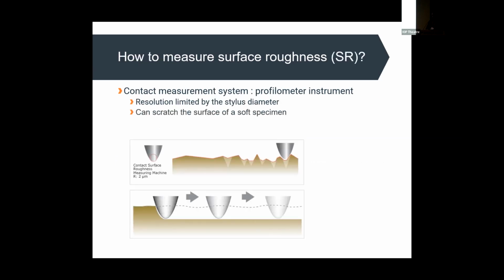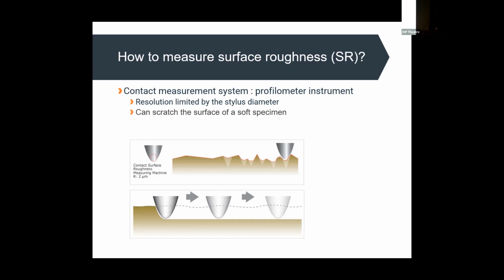Traditionally, the surface roughness is measured using instruments such as a profilometer. You have a stylus that you pass across the surface, and the stylus will then detect or give you a read of, or an idea of, your surface roughness.